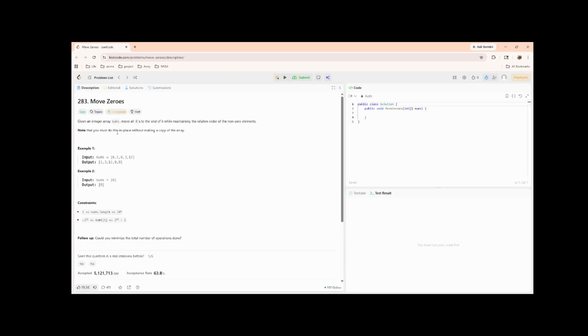283, move zeros. Given an integer array nums, move all zeros to the end of it while maintaining the relative order of the non-zero elements.